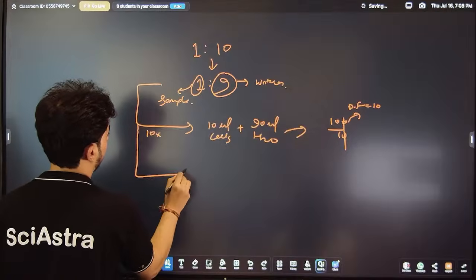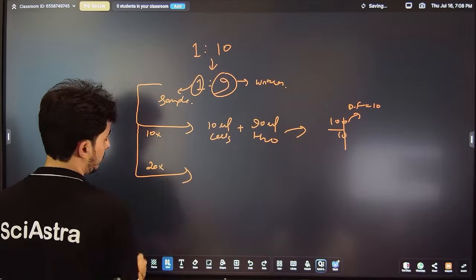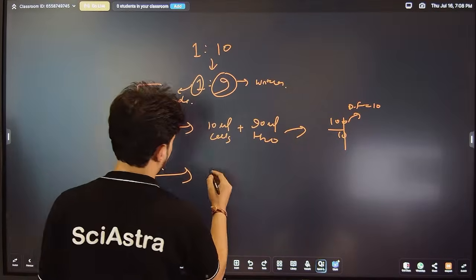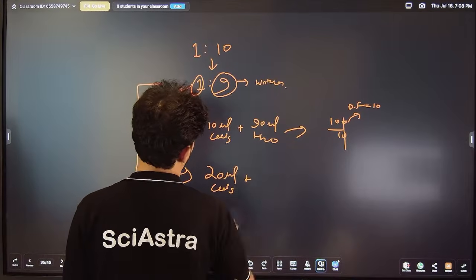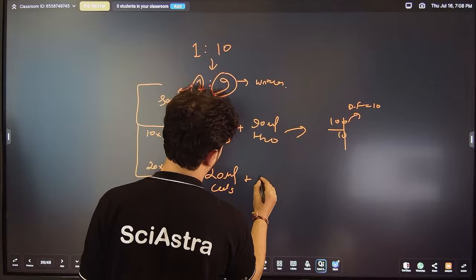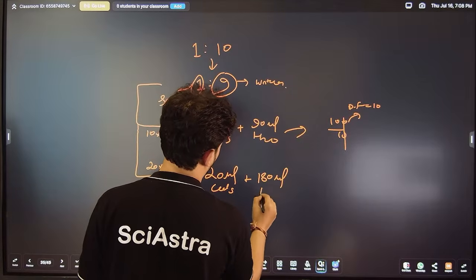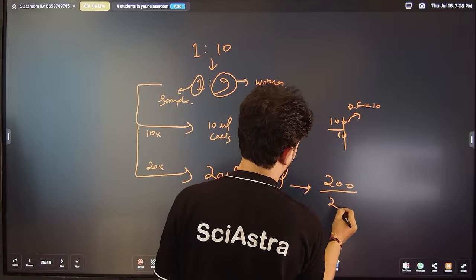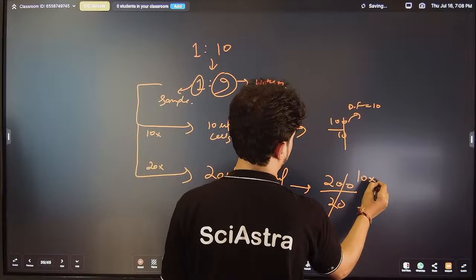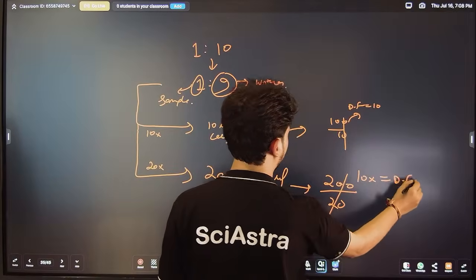Now, if you multiply this with 20, if you want to take more volume, then 20 microliter of cells plus 180 microliter of water, then the final volume will be 200 divided by 20, again it is 10 times diluted. So the dilution factor is 10.